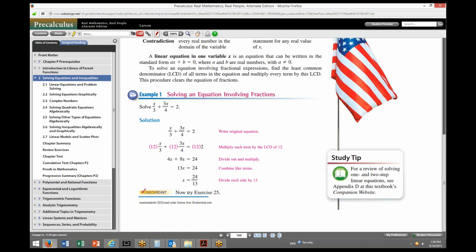We're going to review a couple techniques for solving a couple specific kinds of linear equations, particularly those involving fractions. And then we're going to review some formulas and a couple types of word problems that are important kinds of problems that are part of this course.